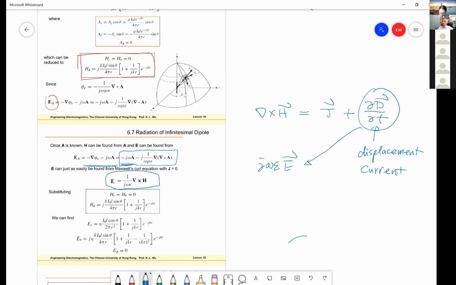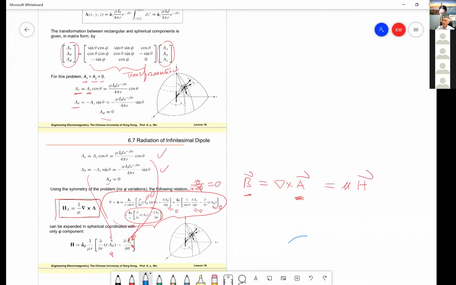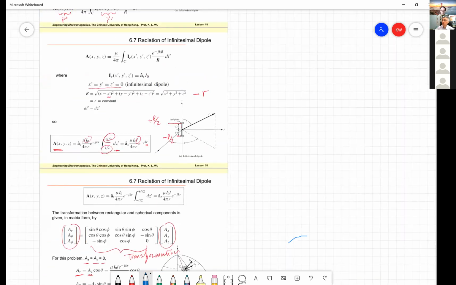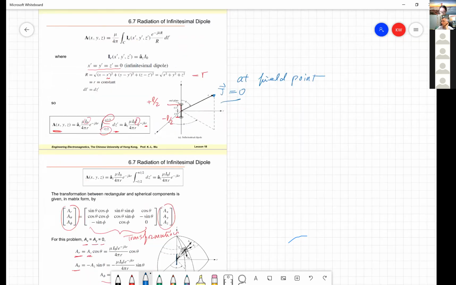Okay, so in our problem, we put a current here, but at our field point, do we have a current at this point? No, we don't have a current, right? At the field point, current equals 0.